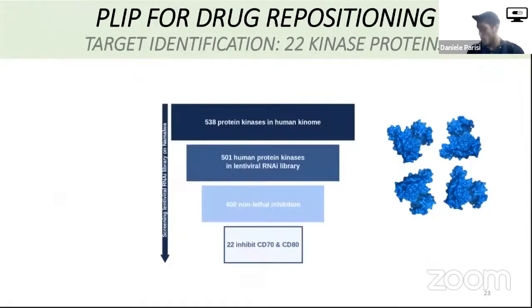So we started from a pool of drug targets, 22 kinases that we selected for their ability to overactivate different markers that are typical of a B-cell, expressed on the B-cell surface.